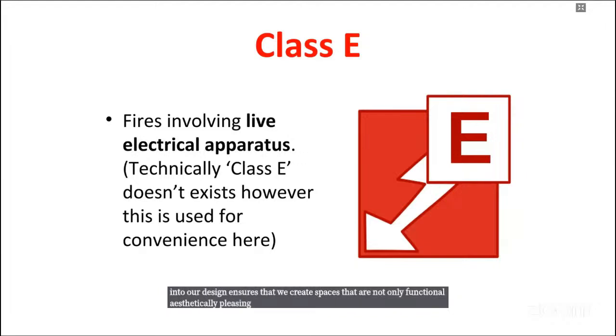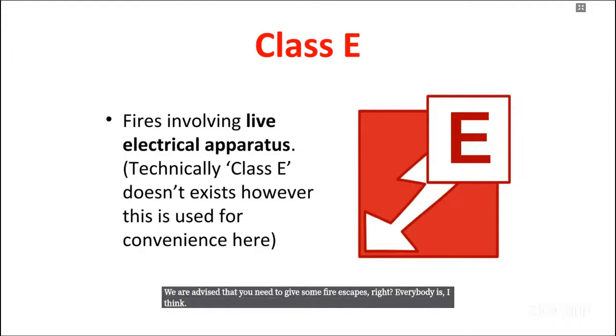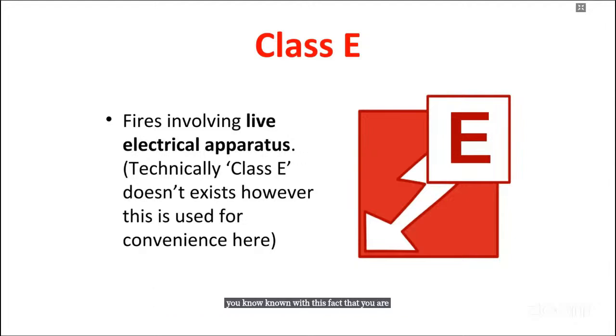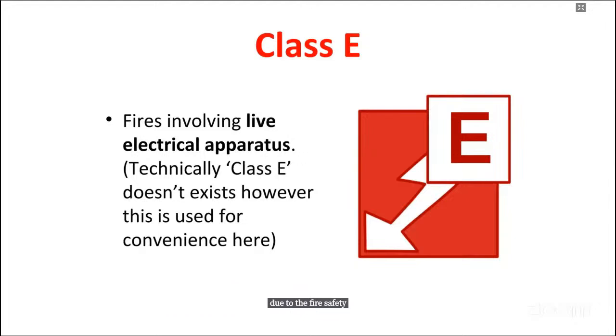When we move on to spaces, we are advised to give some fire escapes, right? Everybody here, I think, is an architecture or design background student, so you might know that you are given fire escape routes with certain durations. This is all due to fire safety parameters by which we judge. Okay, next slide, please.